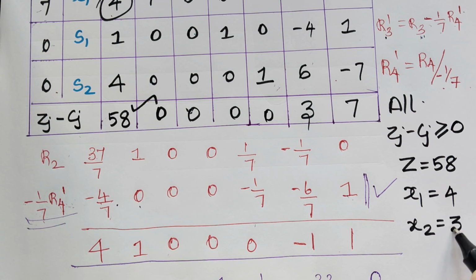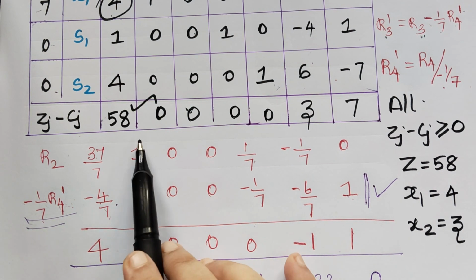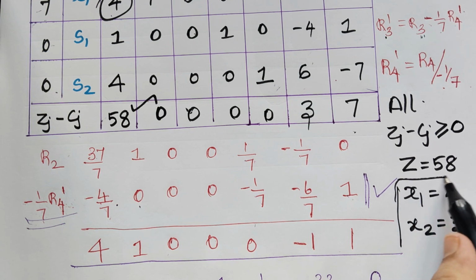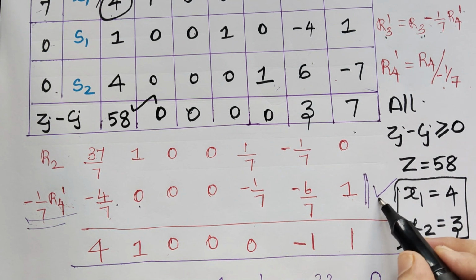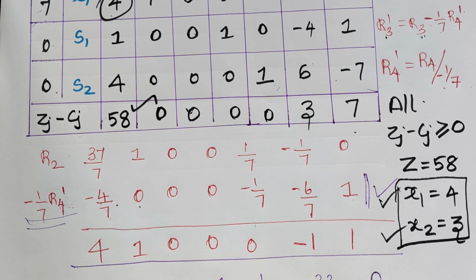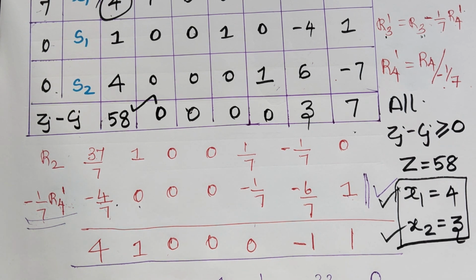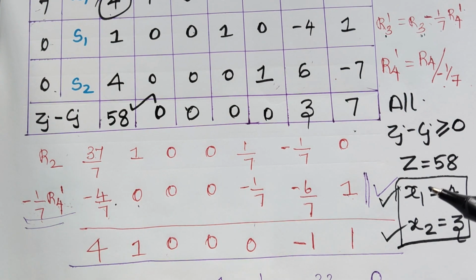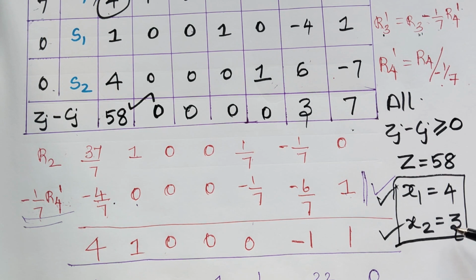We observe that the solution is optimal, and also we have obtained the integer solution. x1 is an integer, x2 is an integer. We do not have a fraction as the solution. Hence, we have attained the optimality of the integer linear programming problem. Therefore, the last solution is all integer, which is the desired solution.